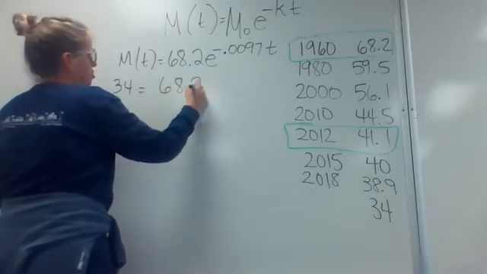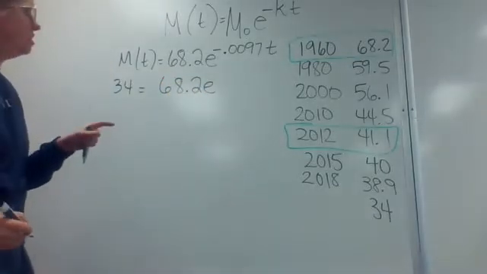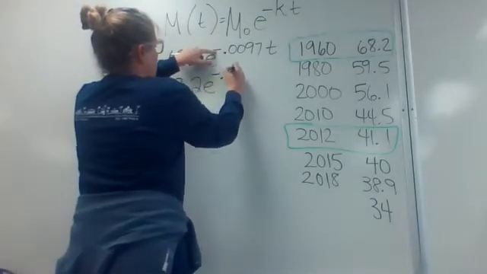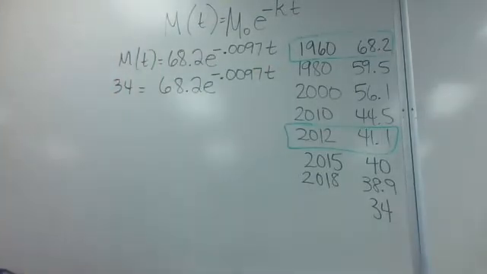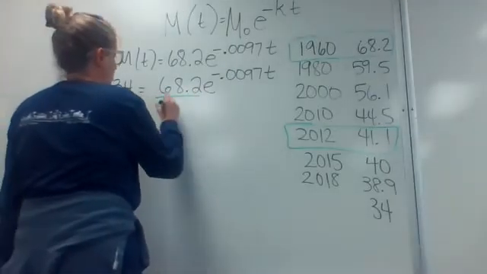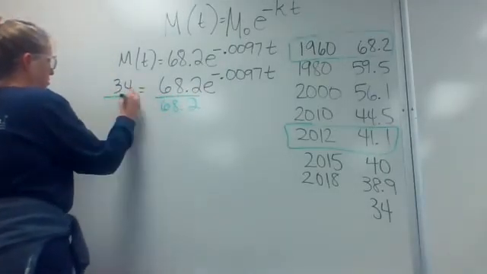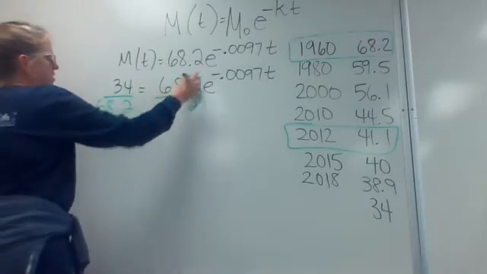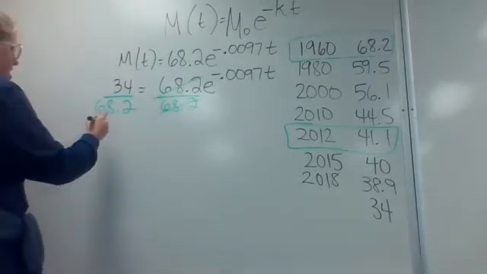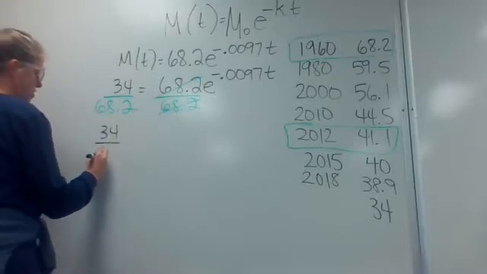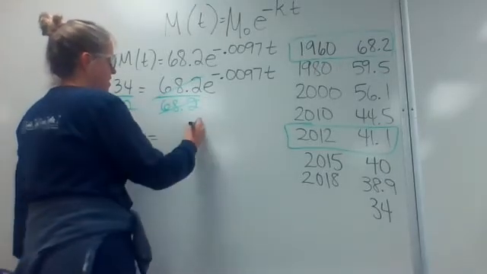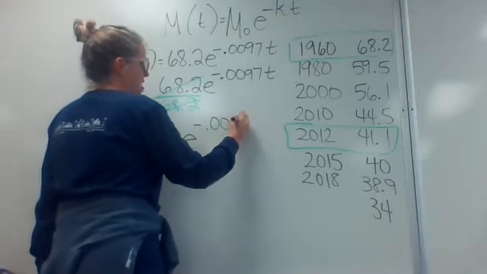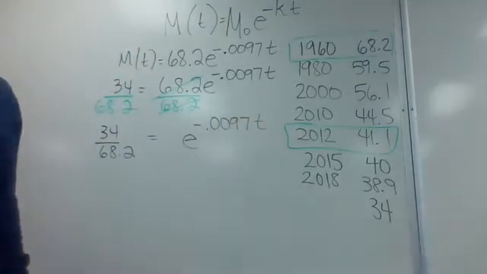Equals 68.2 e to the negative 0.0097 T is what I'm solving for. So again, get rid of the 68.2. So on the left, I've got 34 over 68.2 equals e to the negative 0.0097 T.